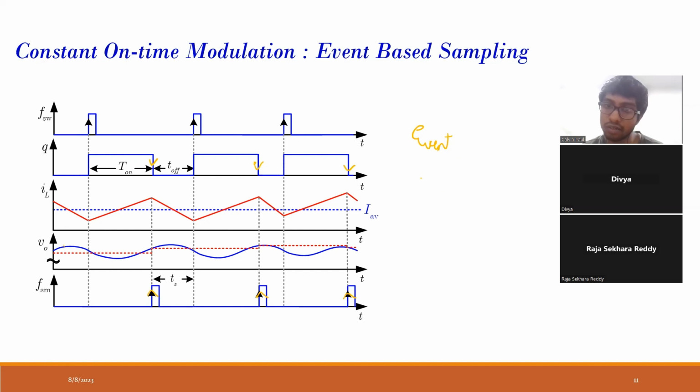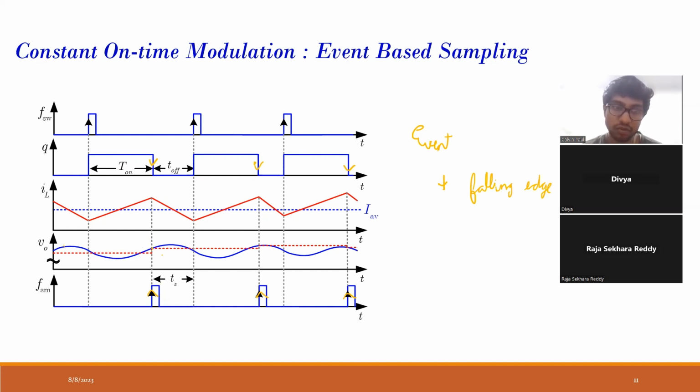It is not just happening by some program's fixed duration. It is happening when some event occurs. So it detects a falling edge, okay? When it detects that there has been a falling edge, it will generate this signal to tell the ADC that you must take a sample.